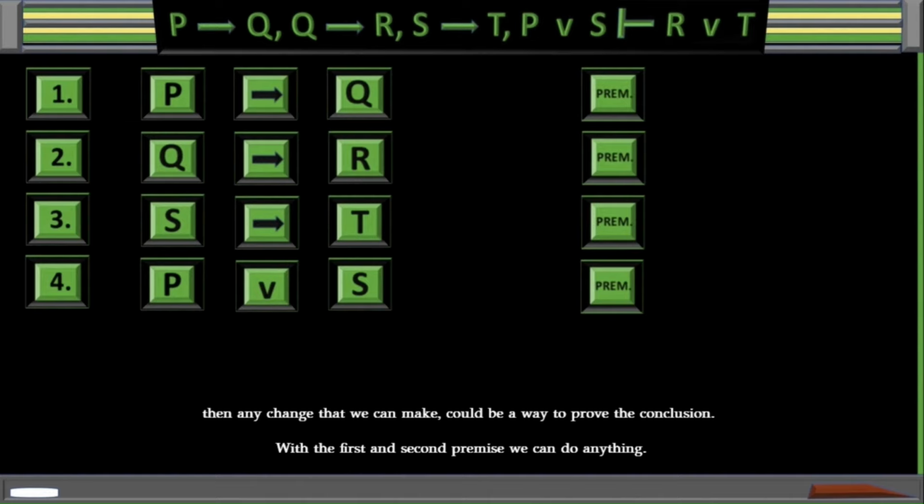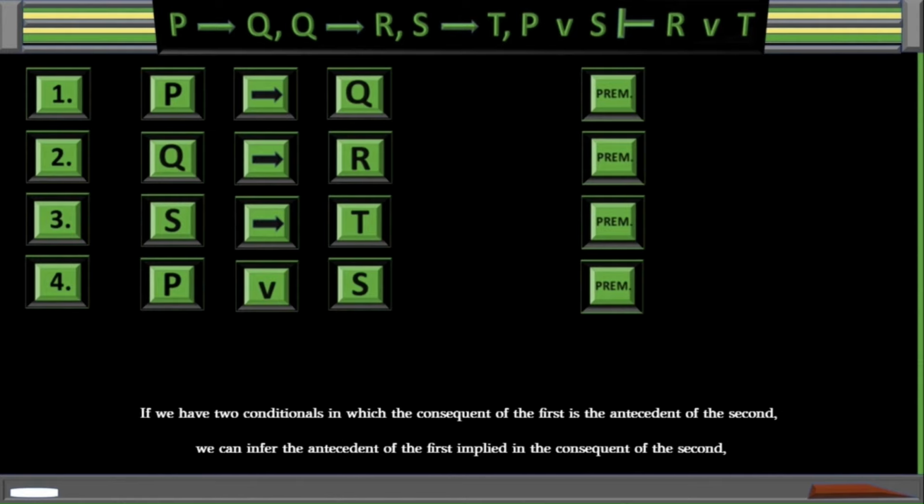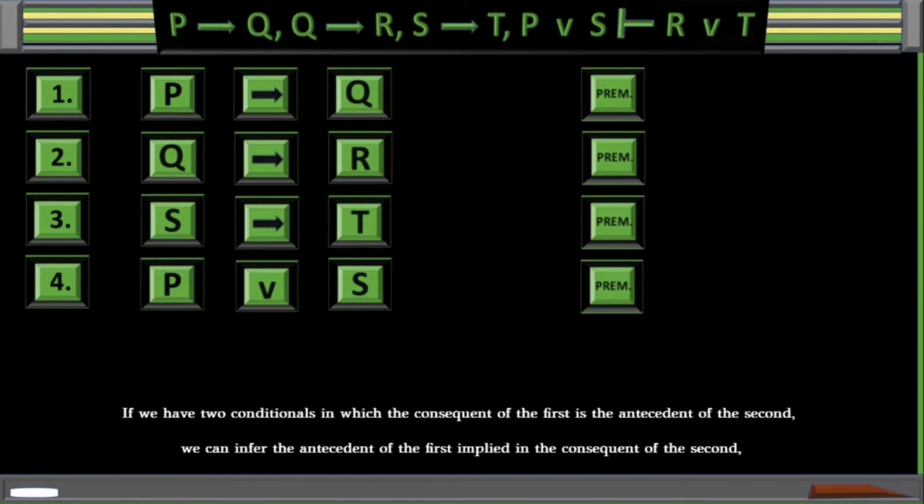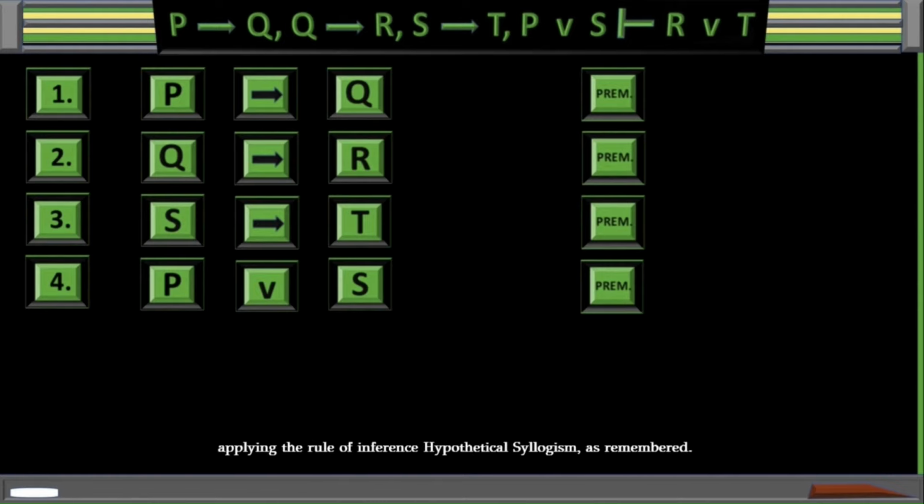With the first and the second premises, we can do something. If we have two conditionals in which the consequent of the first is the antecedent of the second, we can infer the antecedent of the first implying the consequent of the second. Applying the rule of inference, hypothetical syllogism, as remembered.